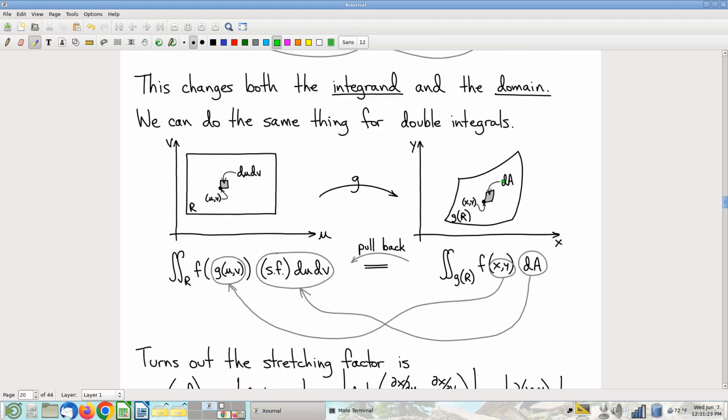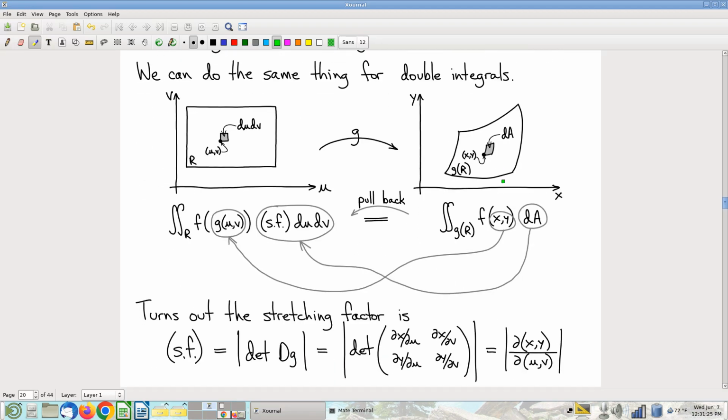With that point of view, we can apply the same idea for double integrals, and the big upshot is that if you have a domain that is the image of a different domain, then you can do the morally equivalent thing, the pullback.